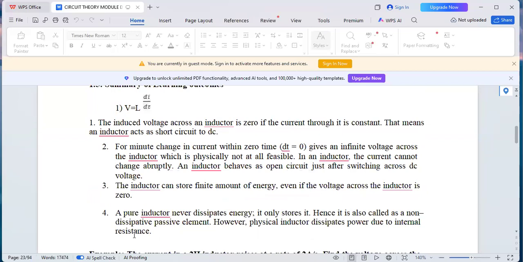The induced voltage across an inductor is 0 if the current through it is constant. Yes, of course, because it is based on change in current, change in the direction of the current.